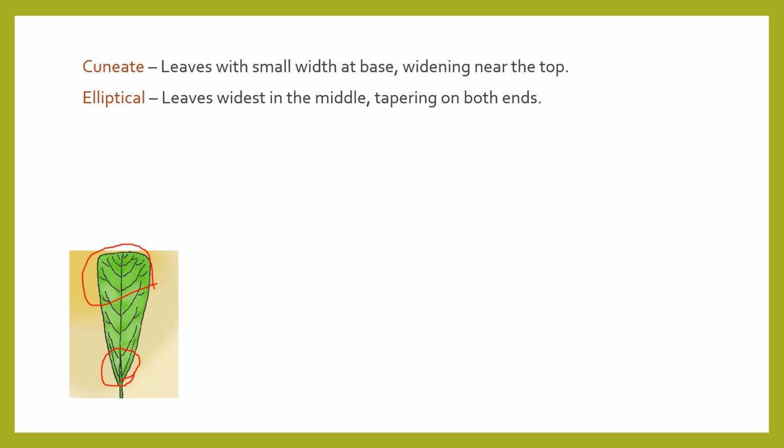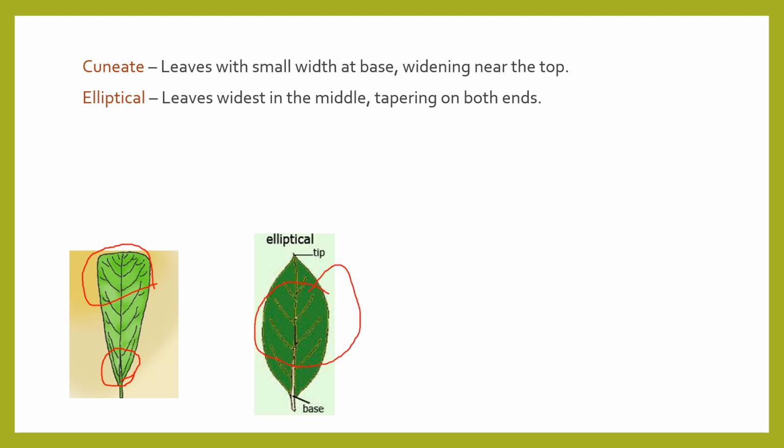Elliptical leaves are widest in the middle, tapering on both ends, like this one. It's wide in the middle and tapers at both ends, tip and base.